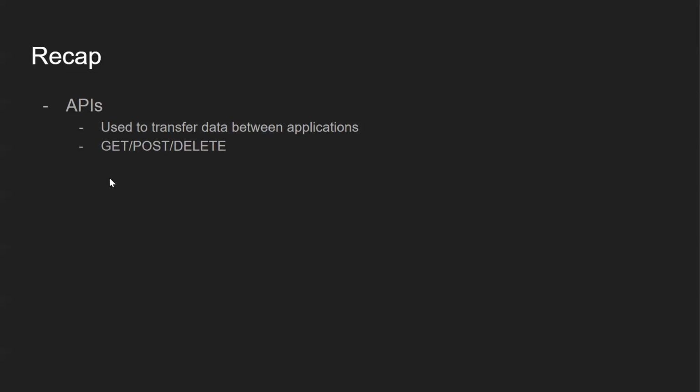So just to recap, last week we went over APIs, what they do, how we use them. APIs are basically how two different applications, or the same application, can talk to each other. We saw the Pokemon example where there is a database of Pokemon information and we were able to use the API to hit the Pokemon database and retrieve some information from it.